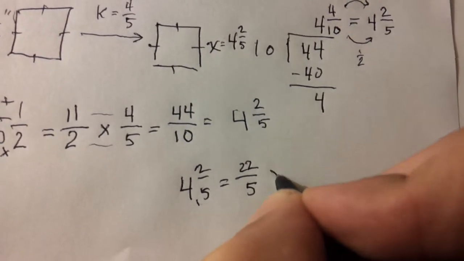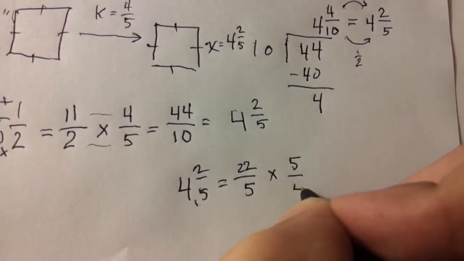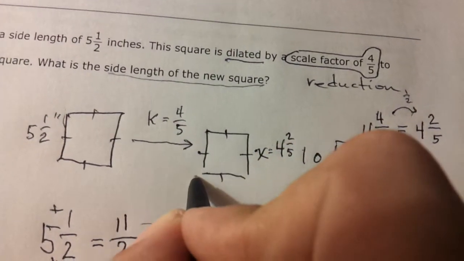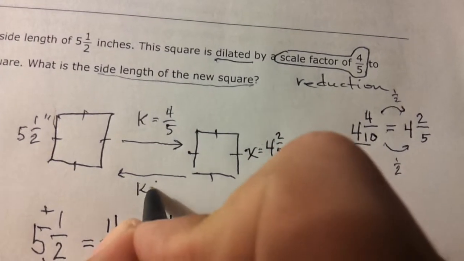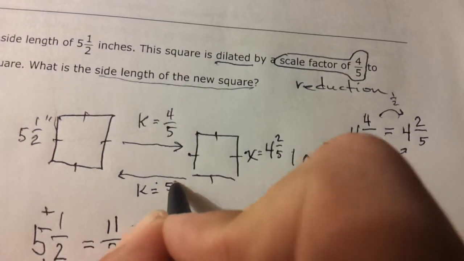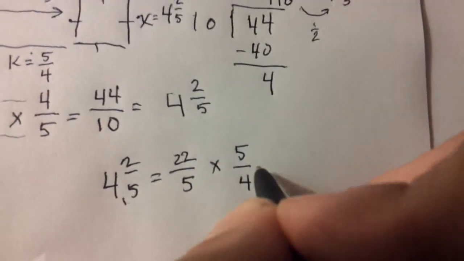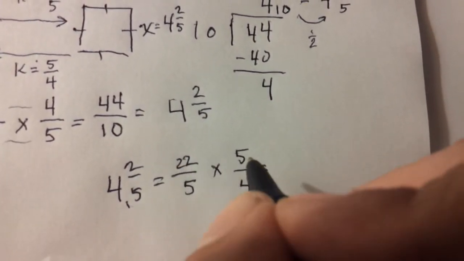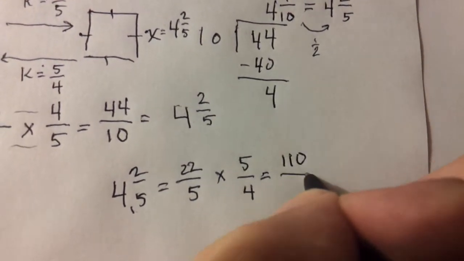Now since we're going the other direction on the scale factor, the scale factor going this direction is 4/5, and if we go in this direction, remember I taught you guys that the scale factor is 5/4. You take that, you flip it, 5/4. So let's see right here. 5 times 22 is 5 times 20 is 100, plus 5 times 2 is 10, so we got 110 over 20.